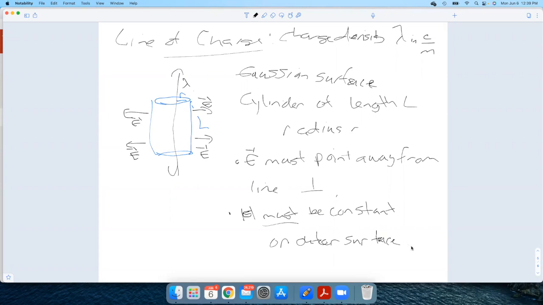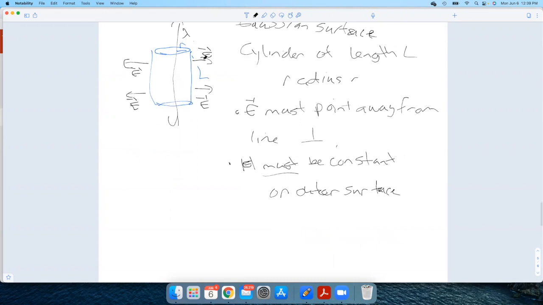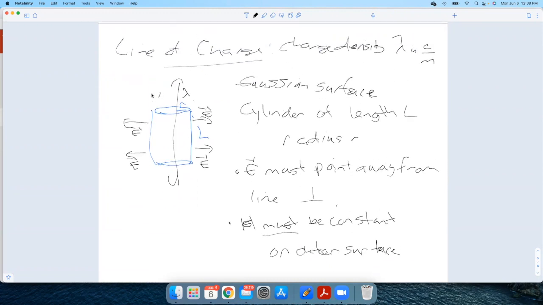See, a cylinder has 3 different surfaces. We've got surface 1, which is the top. We've got surface 2, which is the bottom. Think of a soup can, the top and bottom of the soup can. And then you've got surface 3, which is the label of the soup can. So when I say outer surface, I mean the label.